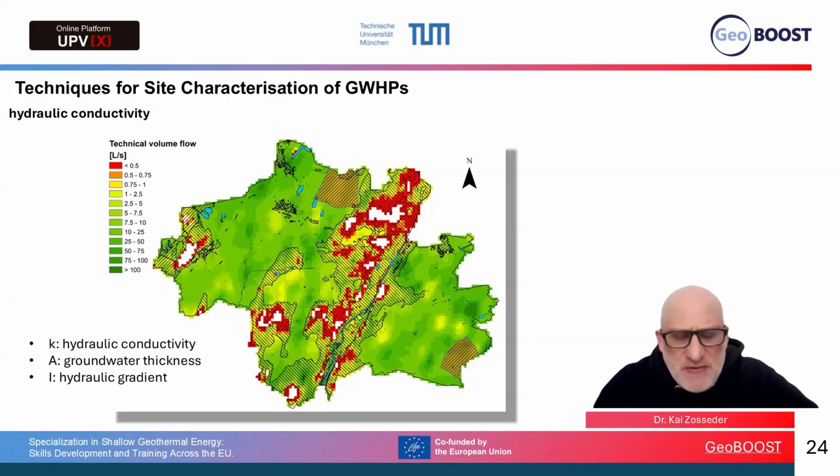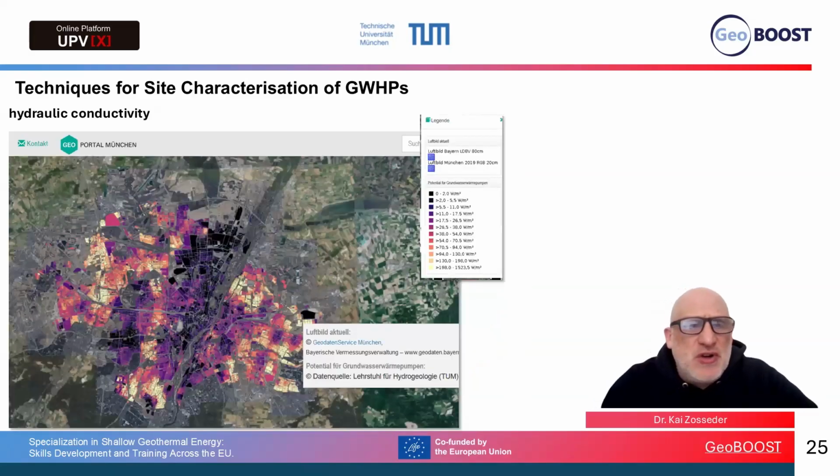With this information, of course, coming back to the heat, you can calculate how much heat can be extracted from the underground, from the groundwater, at a specific point. Of course, you then have to define what temperature I use.